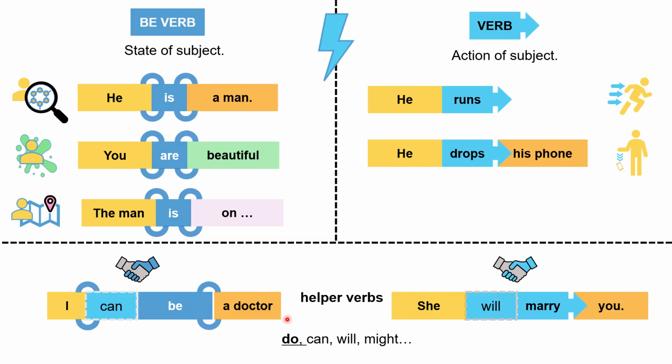There are many helper verbs in English. Do, can, will, might, should. A lot of them deal with possibility, can, or intention, will. In our class, we're mainly going to focus on do, the happening of an action.